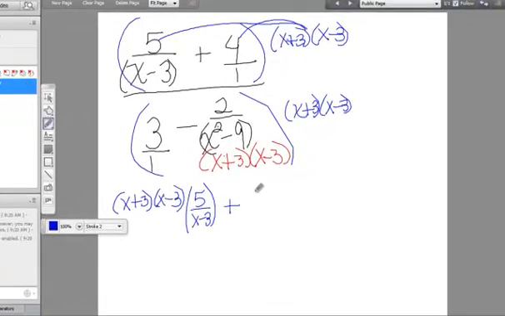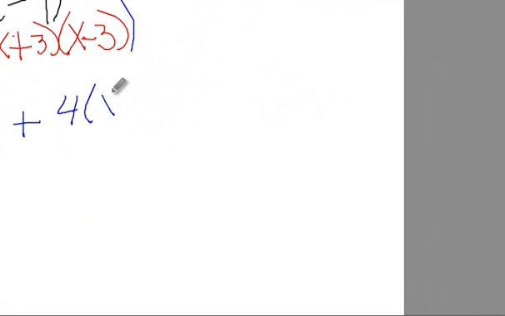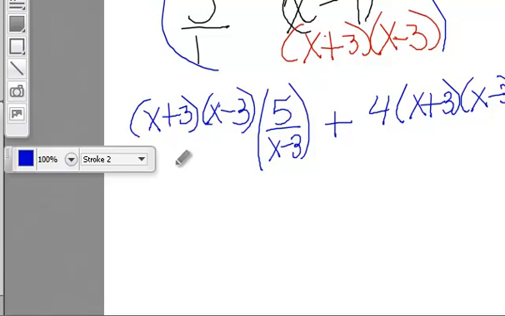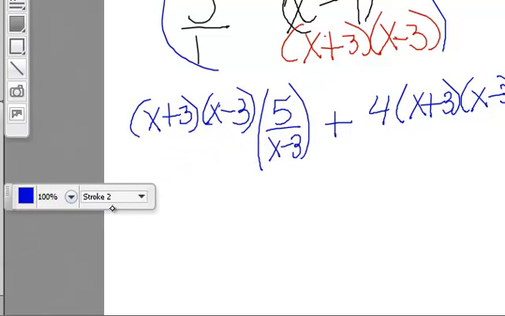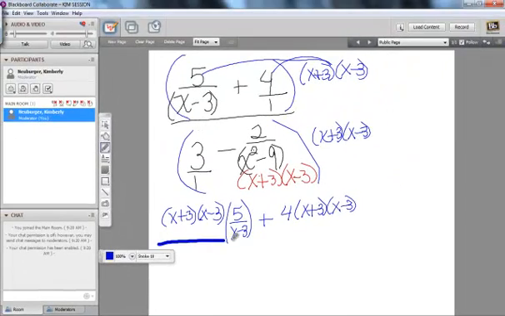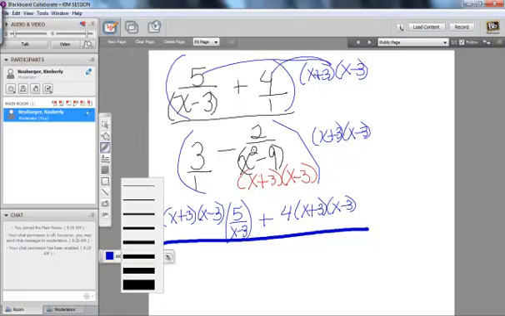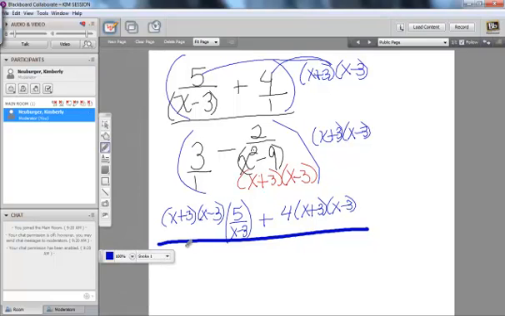So you're going to have 4 times your x plus 3 times your x minus 3. It doesn't matter which order these are in as long as they're all there. And now go ahead and distribute this to the numerator. Now, for the denominator, we're going to distribute it over to here.